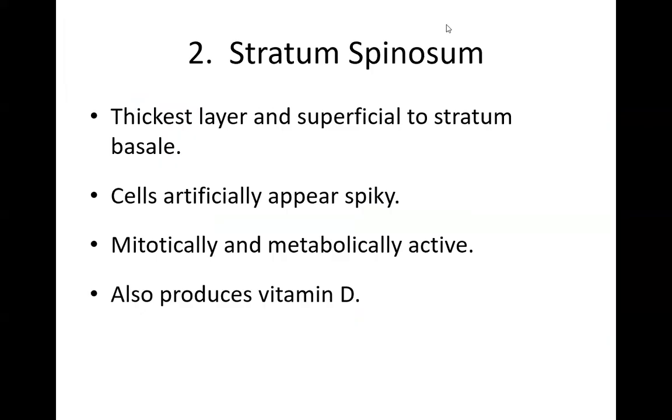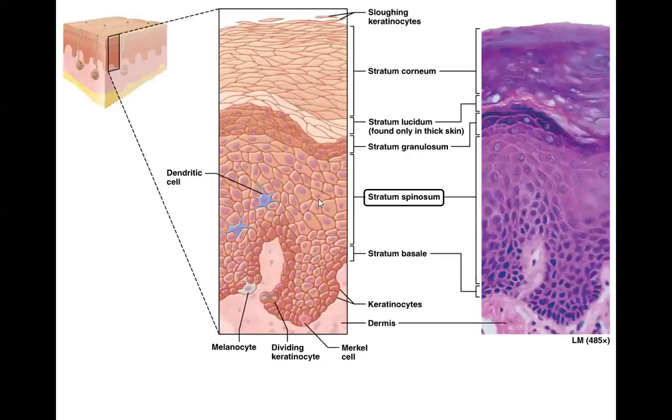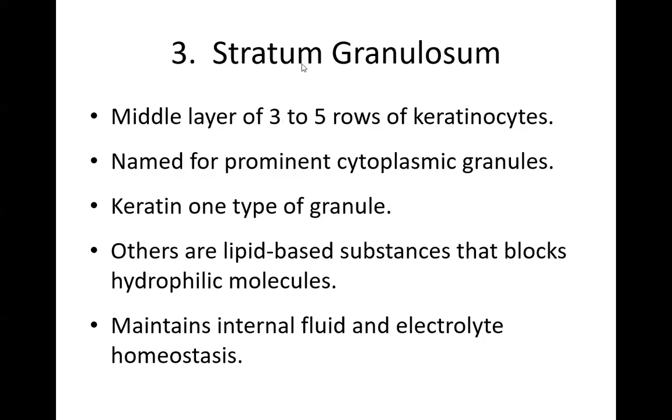There's the stratum spinosum. Stratum spinosum is the thickest layer and superficial to the stratum basale. The cells artificially appear spiky and are mitotically and metabolically active. They also produce vitamin D. Stratum granulosum, the middle layer of 3 to 5 rows of keratinocytes.